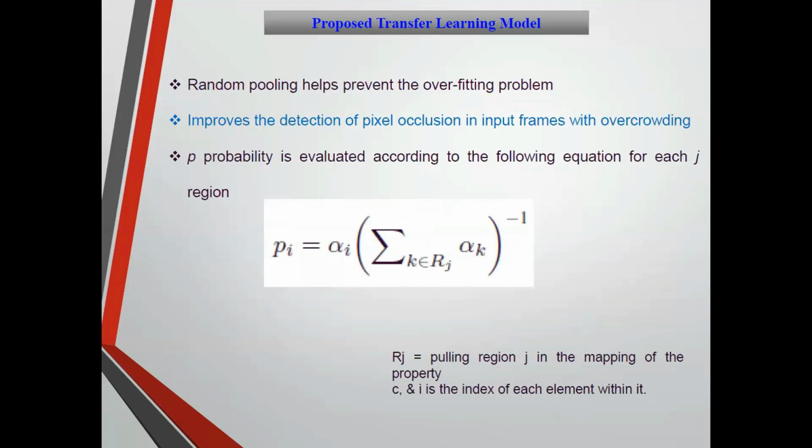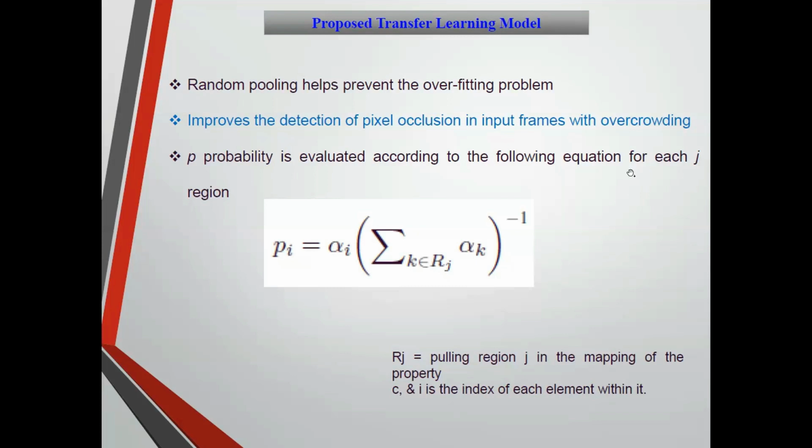So in that case, you see it improves the detection of pixel occlusion of the input frames with overcrowding. And the probability P is evaluated according to the following equation for each jth region. So P_i equals alpha_i over the sum of alpha_k, where k belongs to R_j. R_j is the pooling region j in the mapping of the property, and i is the index of each element within it.